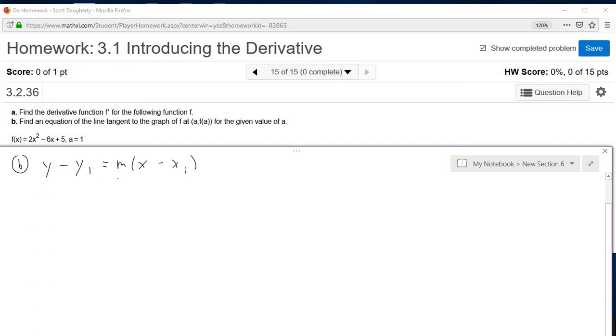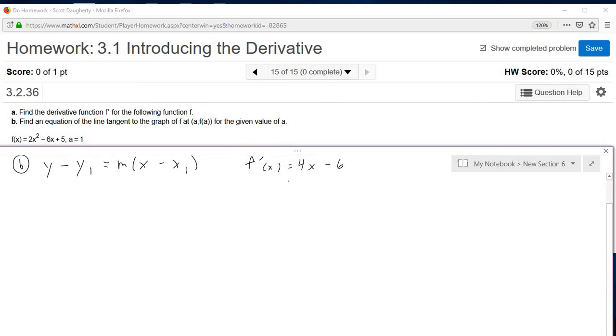Okay, so the slope of the tangent line is the derivative at the point a equal to 1. So from part A, we found the derivative of this function to be 4x minus 6.